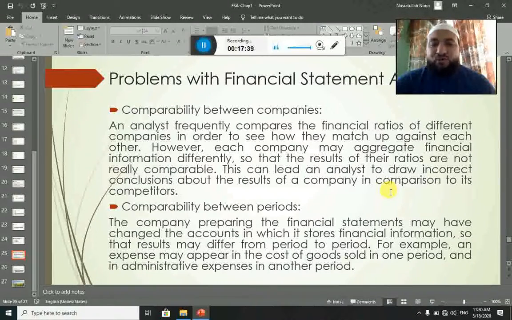We don't have to totally rely on them, because there are some drawbacks of the financial analysis. Understood? If we totally rely on them and we just neglect the drawbacks of them, we could be misled, right? And we don't want to be misled.